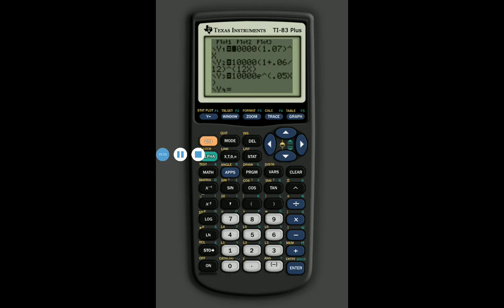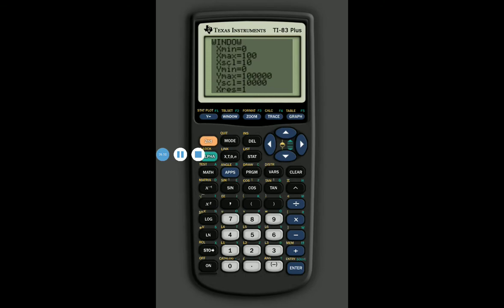And we're going to have to change our window again. So I'm going to go from 0 to 100 just so I can get a good idea of what this graph looks like. Remember, we're asking how long is it going to take for the third option, which is the continuous option, to be the best option. So we're looking for where that's going to outgrow the other two. So I'm going to go from 0 to 100, and I'm going to go up with a scale of 10.